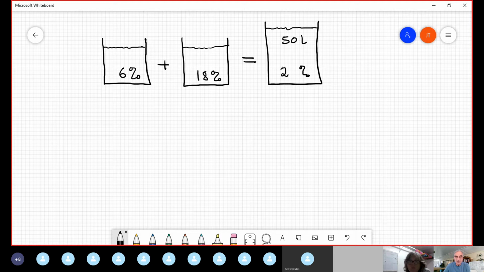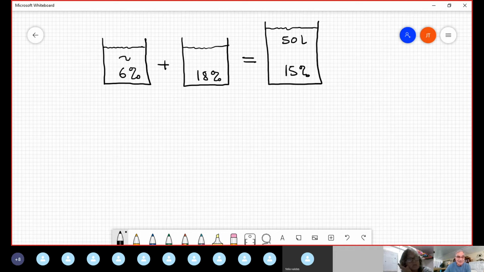Is this problem possible or impossible? Not possible. Okay? Normally, we always expect the final concentration to be an intermediate value between 6 and 18. Makes sense, right?